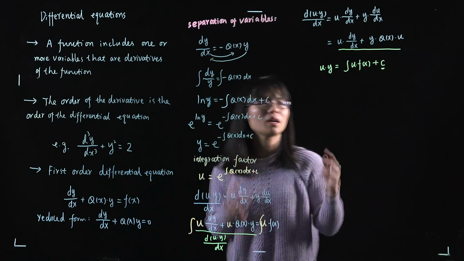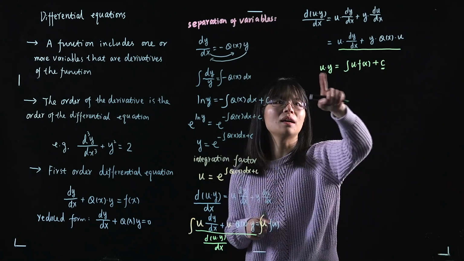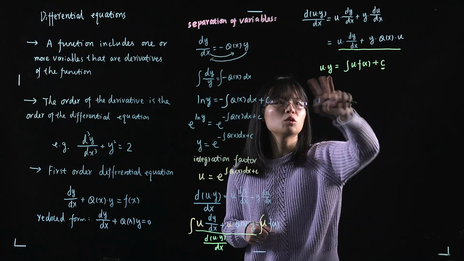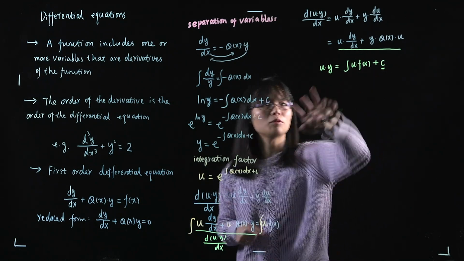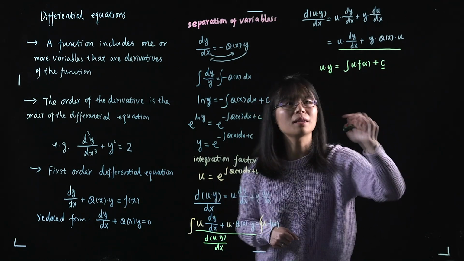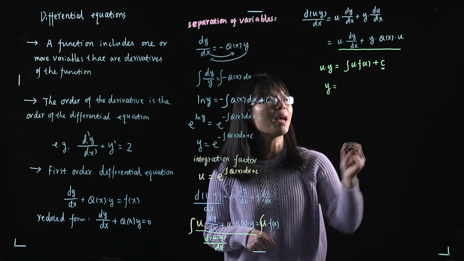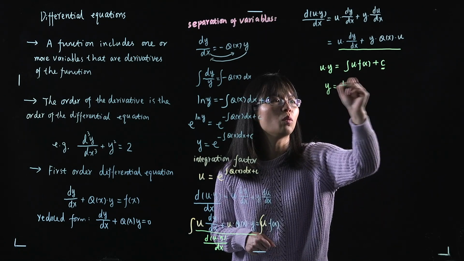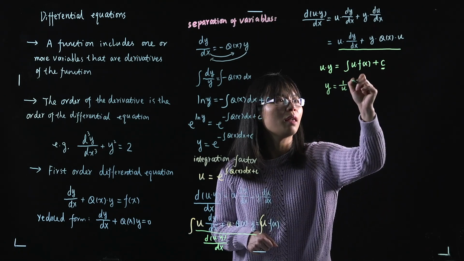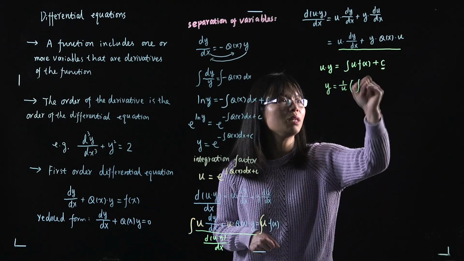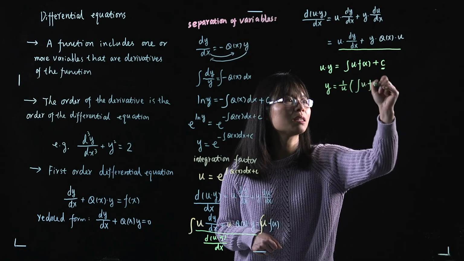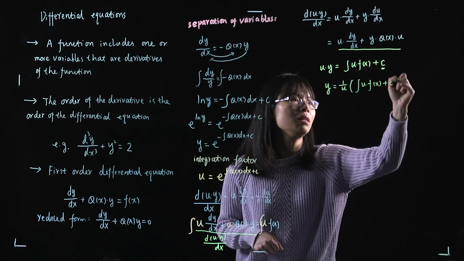Now you can see we got some results regarding the function y, and if we divide both sides by u, we can get the generic solution for the function y. So we have 1 over u, and on the right-hand side the integral of u times f(x) plus c.